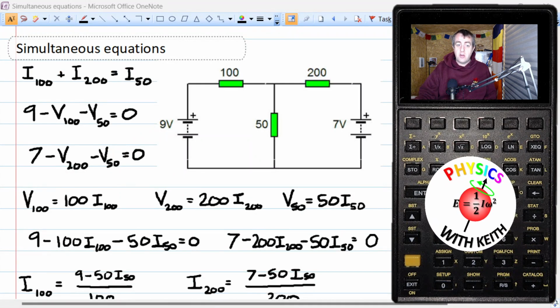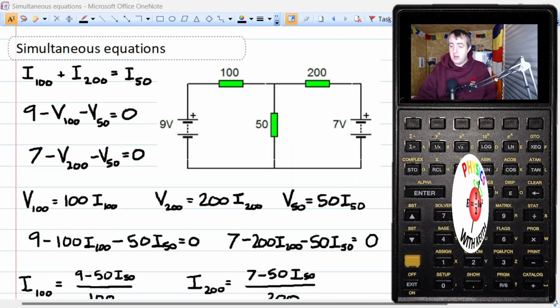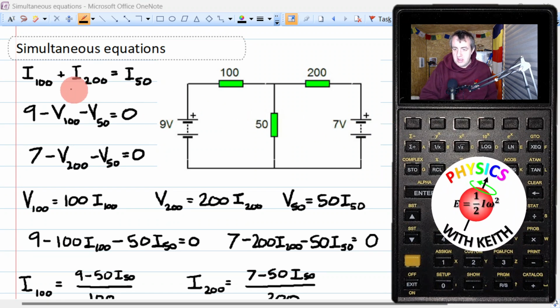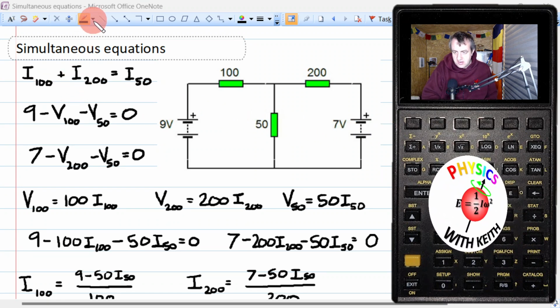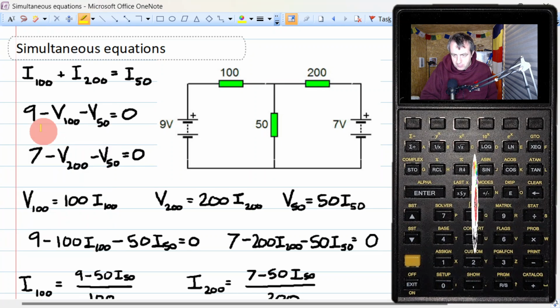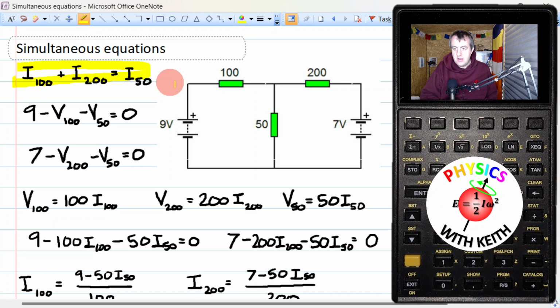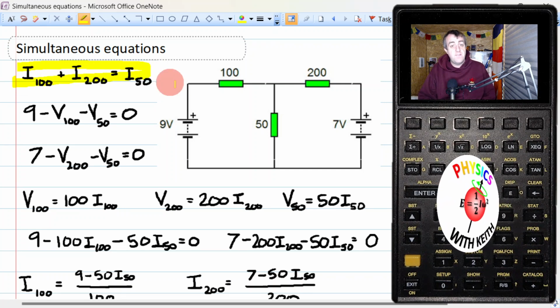In the simultaneous equations approach, you can see there's going to be quite a lot of working. I've drawn the circuit here, and what I've got is the first equation. Let's get my highlighter pen out. The first equation here is simply Kirchhoff's first law.